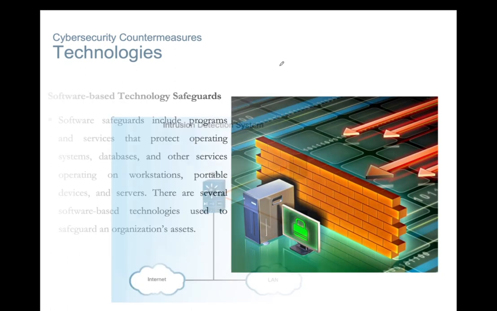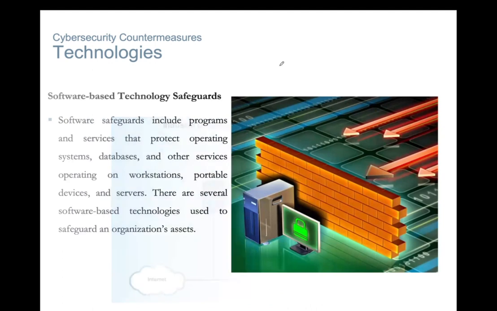Another type is vulnerability scanners, computer programs designed to assess weaknesses on computers or networks. Another is the host-based intrusion detection system.